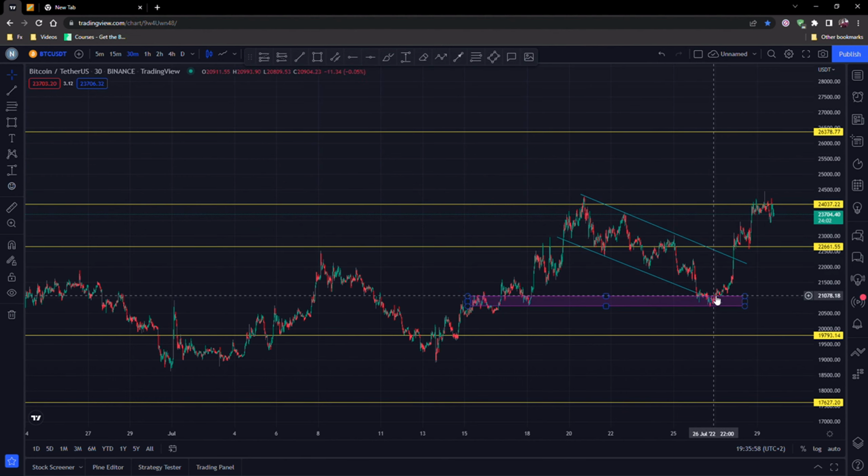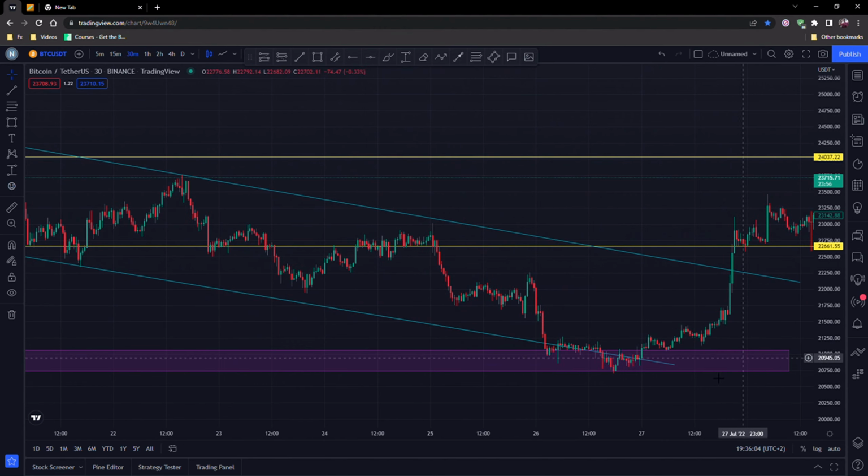So now, since we are exiting that support area right there, we're looking to take our buy right there and our exit at the end of that upward channel. But you could have put in your stop loss there and looked to take profit as we went to this overall high, right?